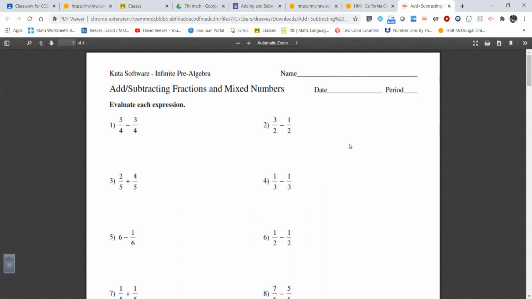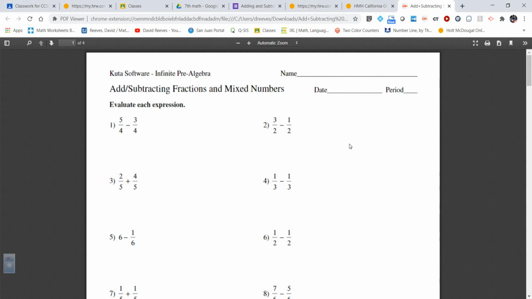And again, what makes this different than what we've already done? Well, not this year, but in previous years, you should have done adding and subtracting fractions that were positive. And this year, we did spend quite a bit of time adding and subtracting integers, which we looked at as positive numbers and negative whole numbers, or the opposite of whole numbers.